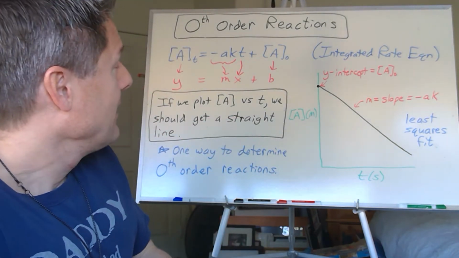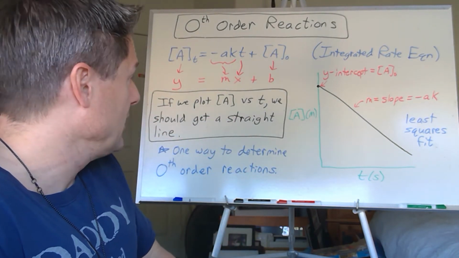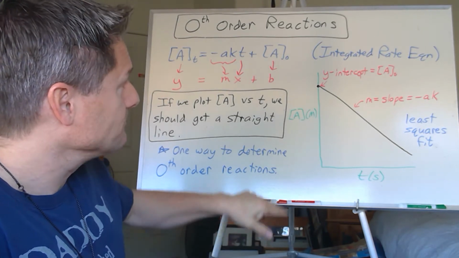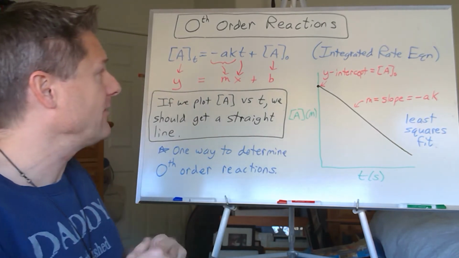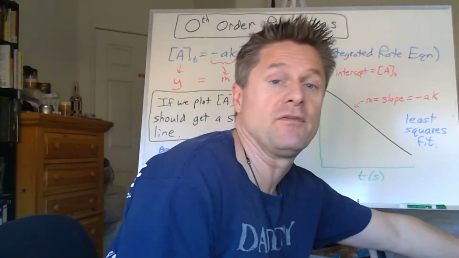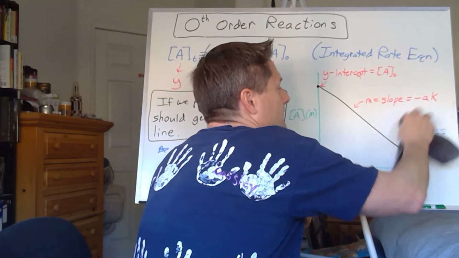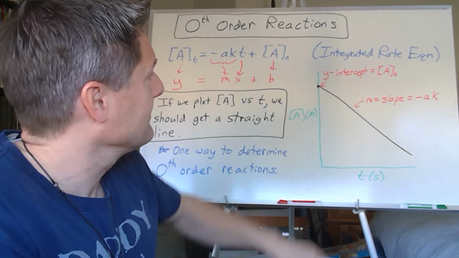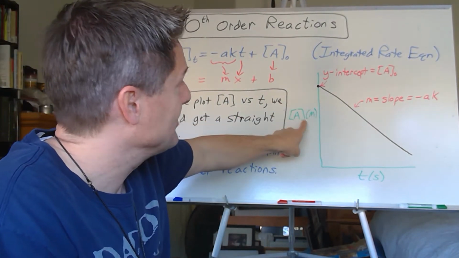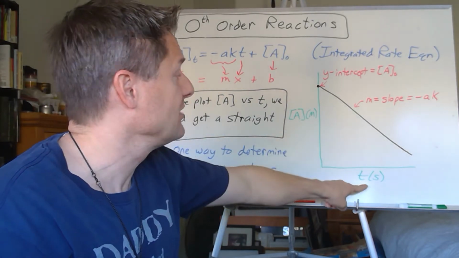And we can look at the units of the rate constant from this, right? Slope is going to be delta y over delta x. Let me erase this, and let's look at the units on the rate constant. Slope will be the change in the y-axis over the change in the x-axis.